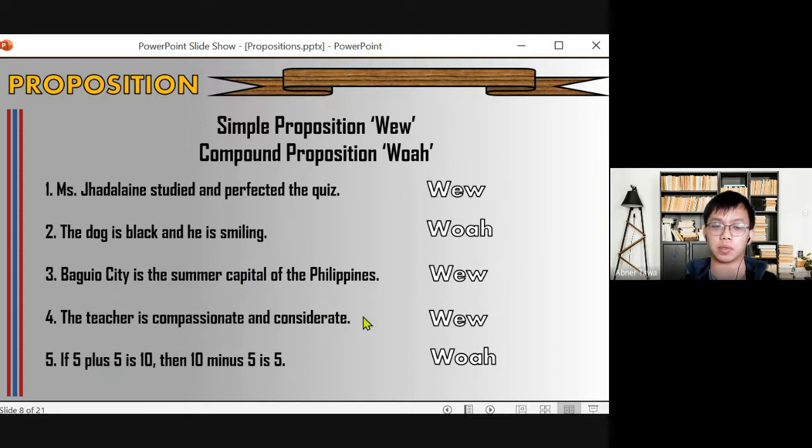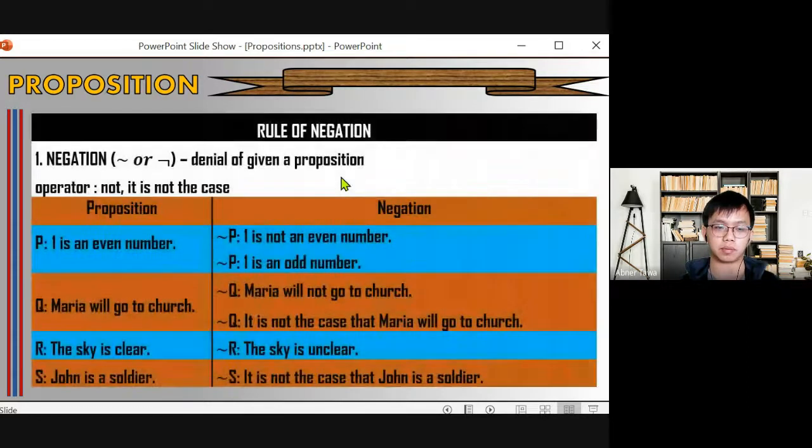So that is all about simple and compound propositions. Okay, I think you don't have any questions, so let's proceed with the rule of negation. From the word negation, it is obviously the opposite, or the denial of a given proposition. As we said earlier, you can symbolize propositions using capital letters or small letters. For negation, there is also a symbol.